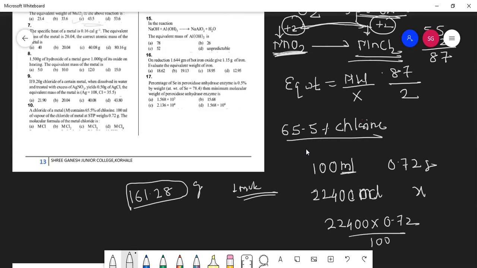Now, out of 100, chlorine is how much? 65.5, which is already given in the question.